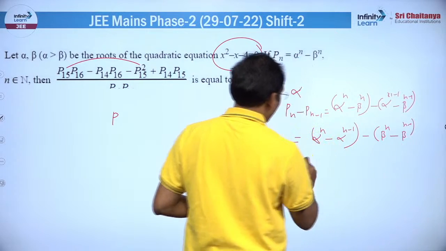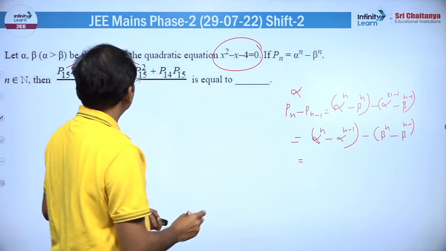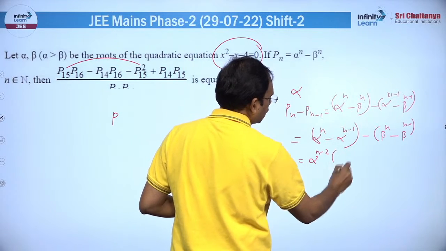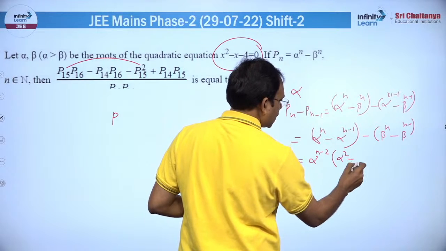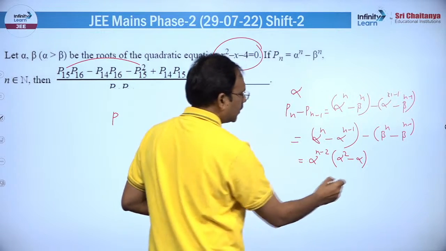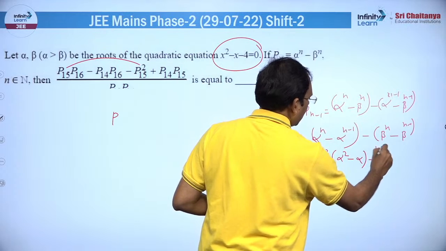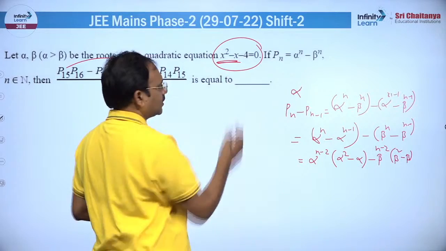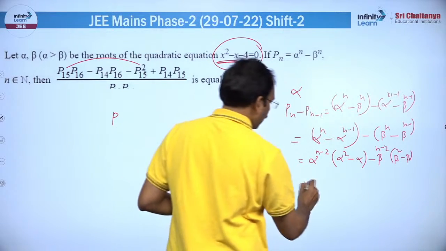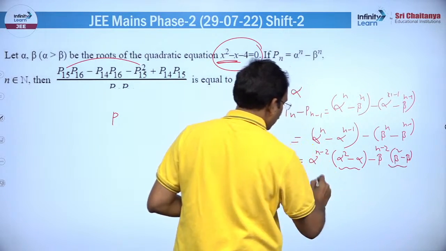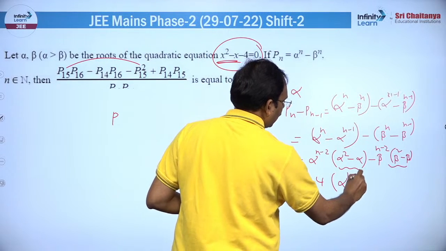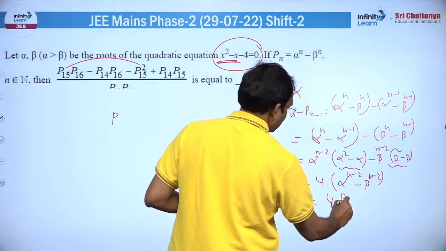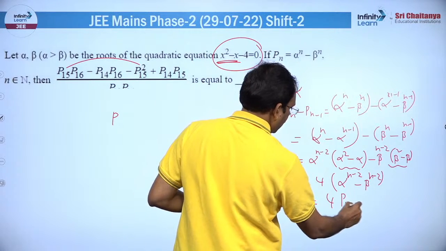Better you take here, as alpha square minus alpha, you can write alpha power n minus 2 common, you will get alpha square minus alpha. Here also minus beta power n minus 2 common, beta square minus beta. From this, alpha square minus alpha is 4, this is also 4, you can write 4 into alpha power n minus 2 minus beta power n minus 2, which you can write as 4 times Pn minus 2.